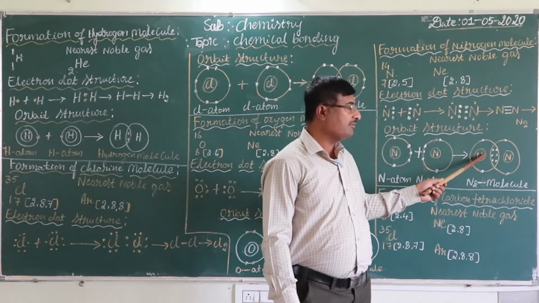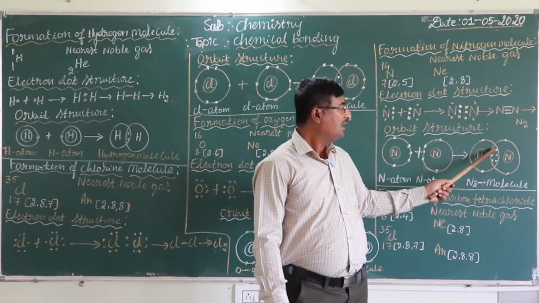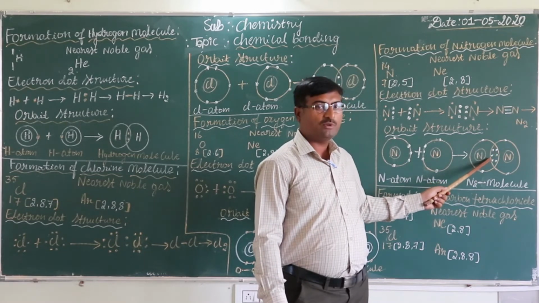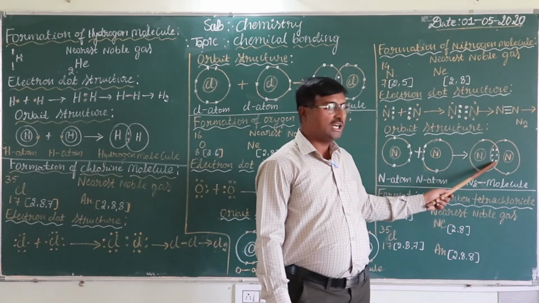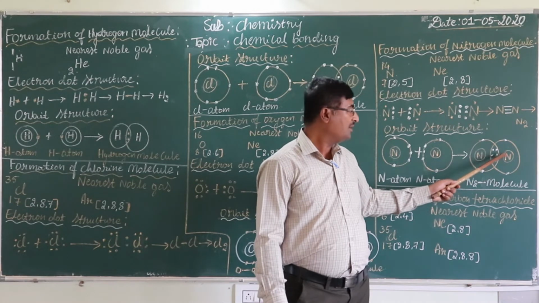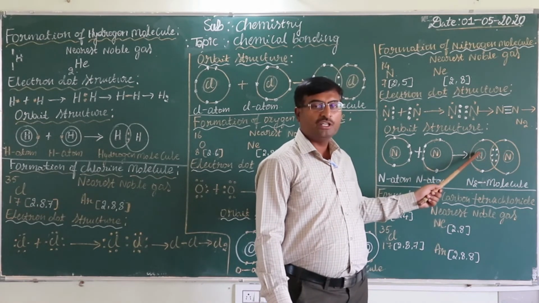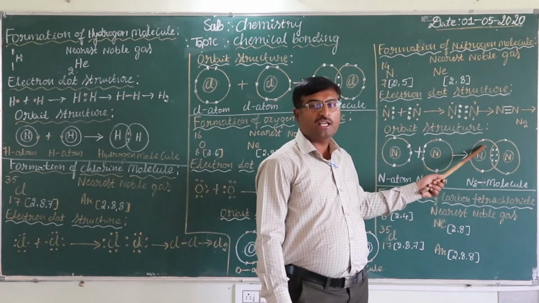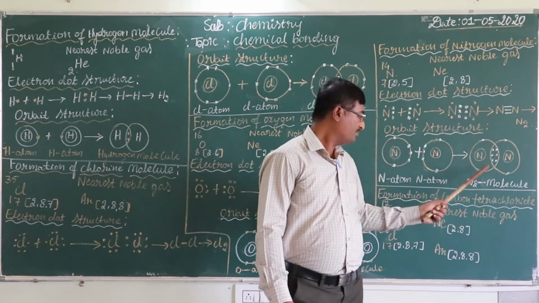So this nitrogen atom will think, I am in a stable configuration. In the same way, this other nitrogen atom will think these 3 pairs of electrons belong to it, so in the outermost orbit 8 electrons are there, I am in a stable configuration. But these 3 pairs of electrons do not belong to any one nitrogen atom; in between the nitrogen atoms they are shared. Like this, the nitrogen molecule formation will take place.